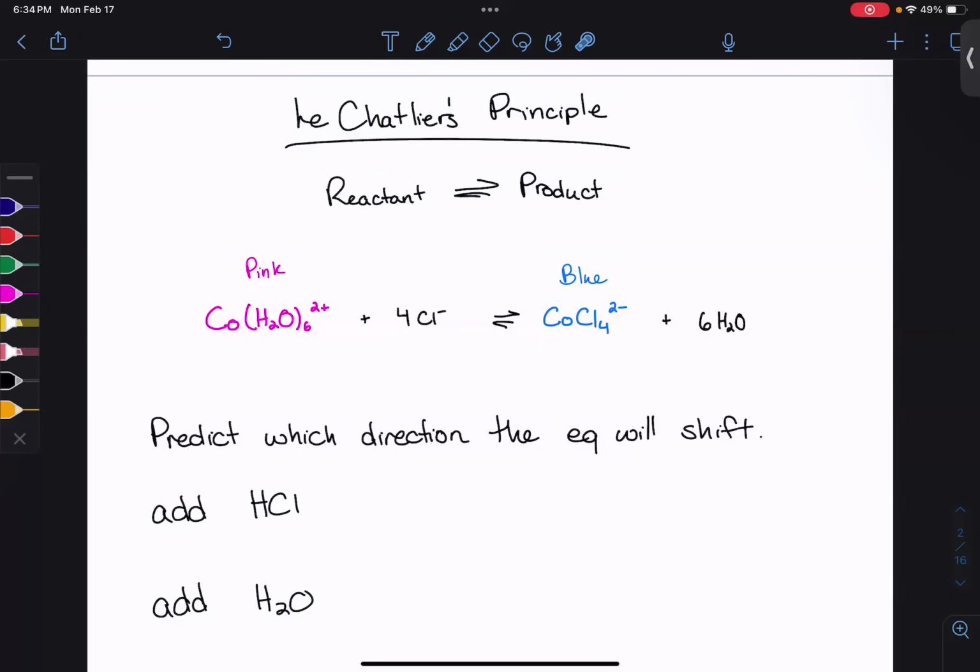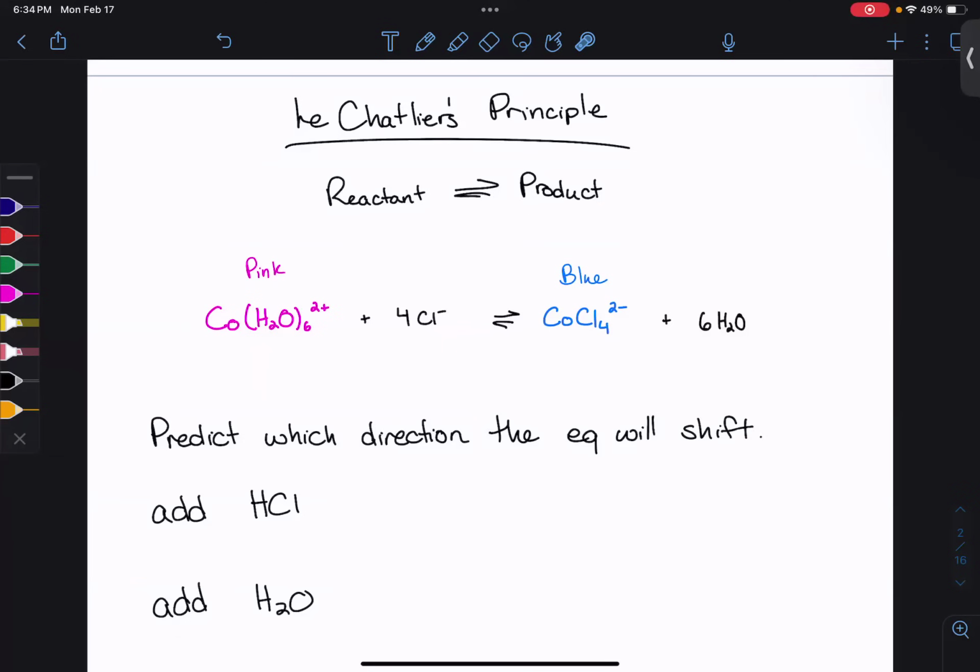Okay, I'm just gonna pour some of this out. All right, so here I have a chemical equilibrium. The cobalt water complex is pink, while the cobalt chloride complex is blue, right? So I have a bunch of test tubes here that have a mixture of both of them.